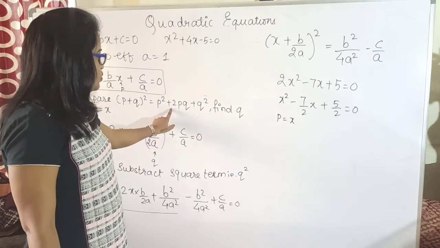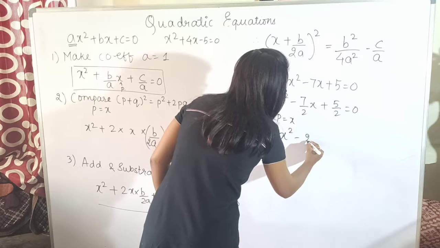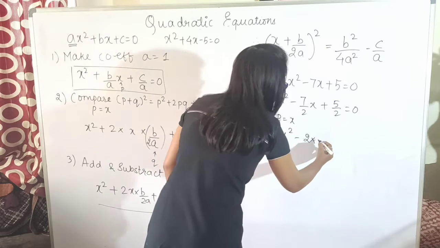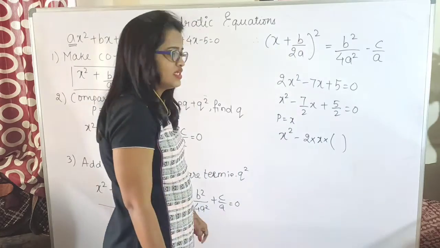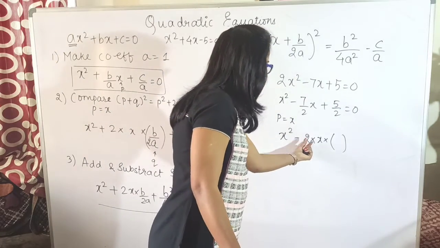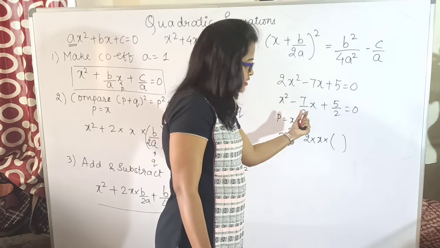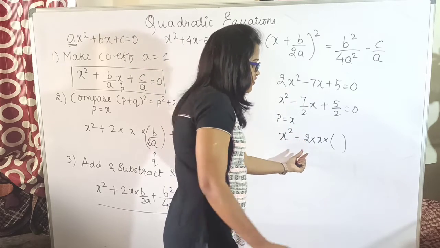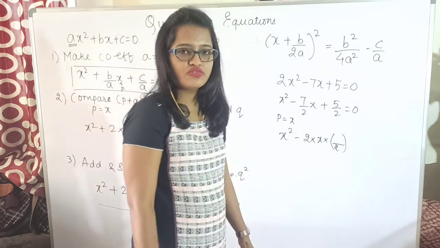Second term, it should be 2pq, x square minus 2, p is my x. What should be my value of q? Yes, was 2 present in my original equation? No, but I have taken it. If you have taken it, definitely you will be dividing it also.